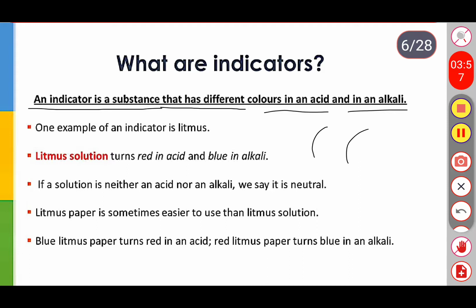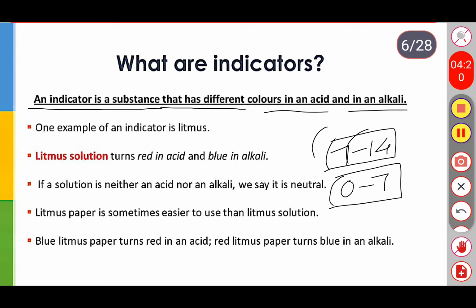So acidic solution means what? The solution which has a pH value in the range from 0 to 7 is called an acidic solution. The solution which has a pH value from 7 to 14 is called a basic solution. If the pH value of any solution is exactly 7, then that solution is considered a neutral solution.